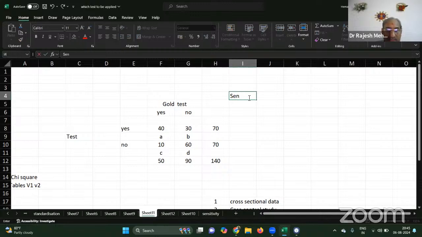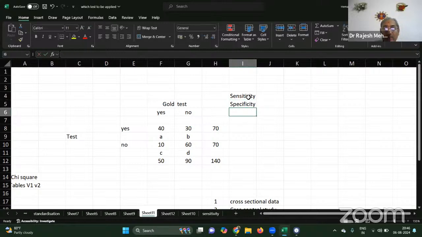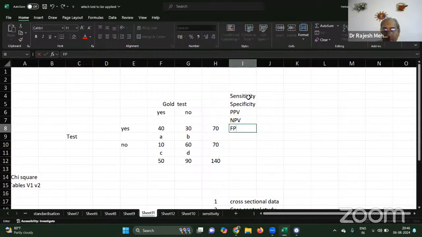Sensitivity, specificity, positive predictive value, negative predictive value, and we want to find out false positive and false negative.